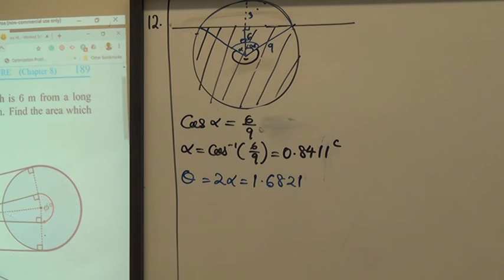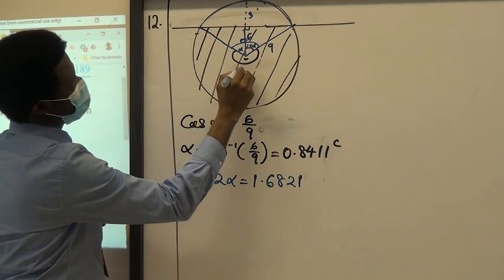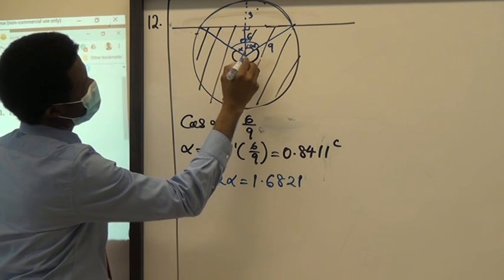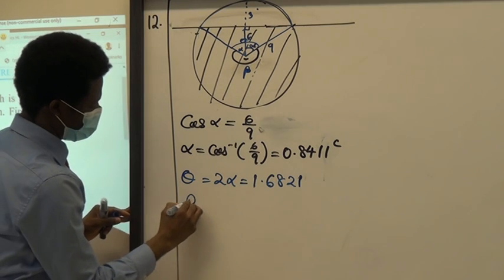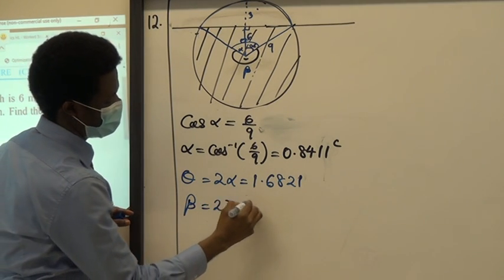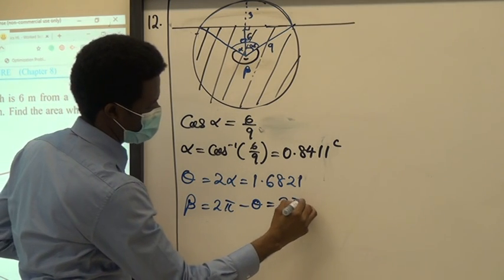Okay. So now we can find everything. Maybe if I call the angle here beta or something, beta is 360 minus theta, right? So which is 2 pi minus that.